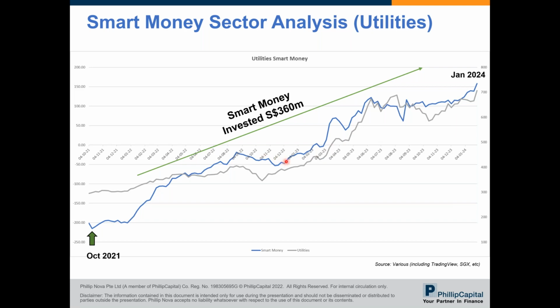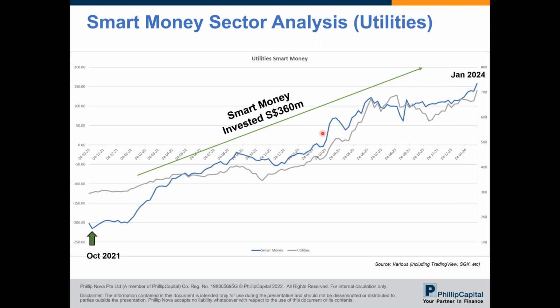Then come January 2023 onwards, smart money poured back into the sector, and the price of this sector started going up. So the gray line shows the price of the asset, the price of the stock, the price of the index, and the blue line shows the buying and selling actions of the smart money.